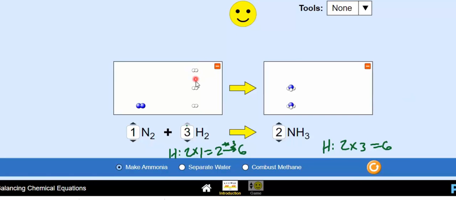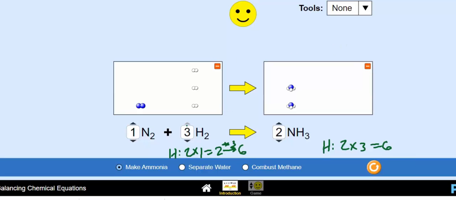You can see here we have 2, 4, 6 hydrogens on the left-hand side, and you have 1, 2, 3, 4, 5, 6 hydrogens on the right-hand side. So hydrogen is balanced, and also nitrogen, because you have 2 blue balls, two nitrogens on both sides, okay? So that's one way to do it, by the way.